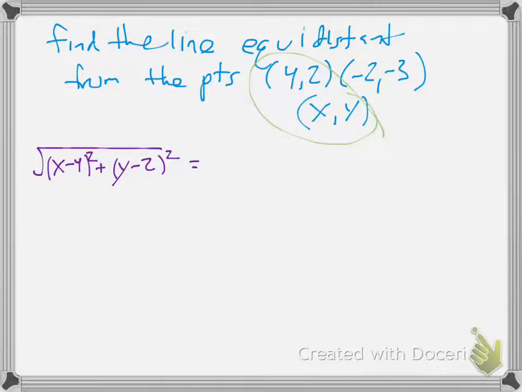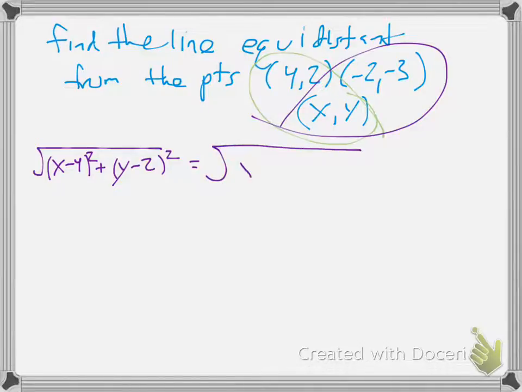That will equal, going the other way, the square root of x. Ooh, is it plus 2 or minus 2? It's minus a negative, which is plus 2 squared, plus y plus 3.